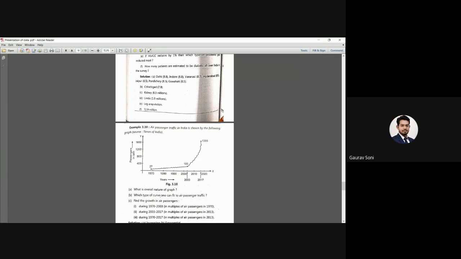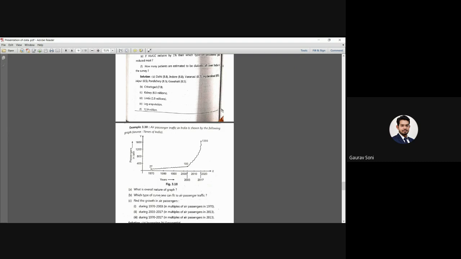Why 27? Because percentage increase is taken on the original value. So 195 is in 2003, and there are 27 passengers in 1970.